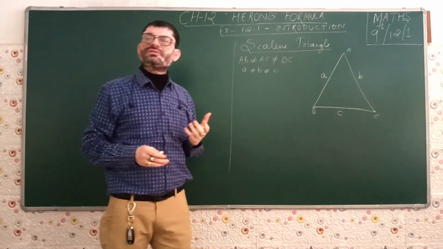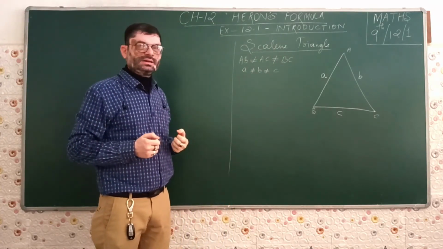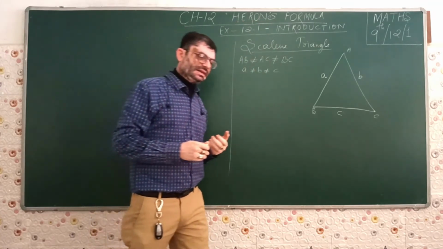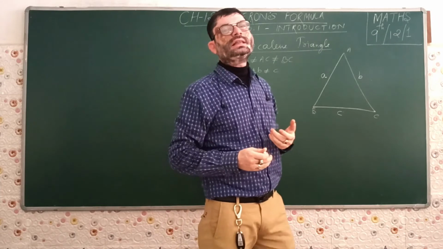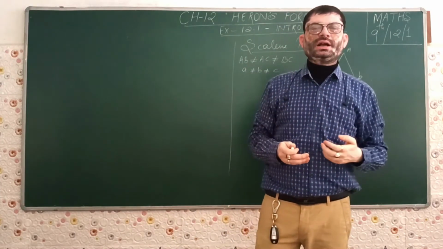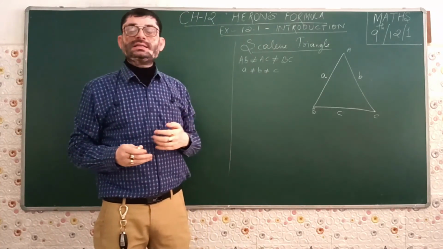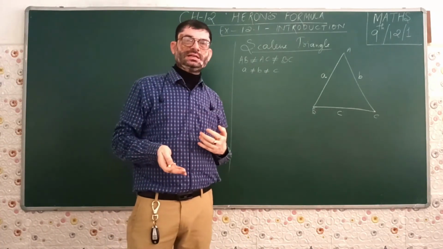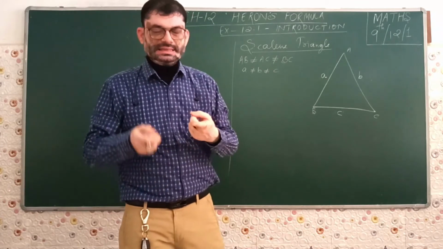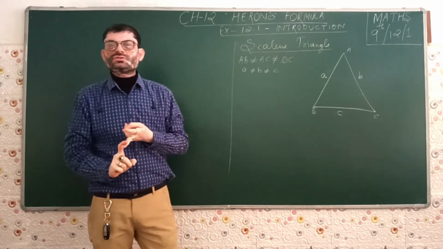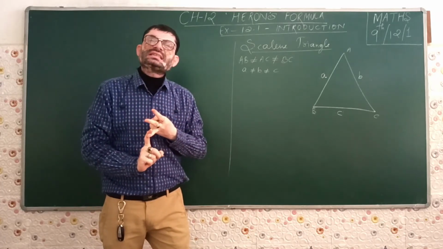Here comes our topic, HERON's formula, a method that HERON gave us to find the area of any type of triangle whose three sides are given. His formula is applicable to all types of triangles where the three sides are known. It is applicable for equilateral triangle, isosceles triangle, and scalene triangle.